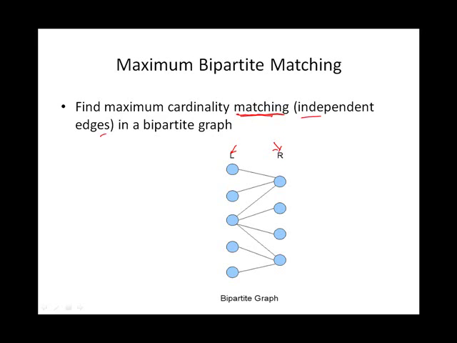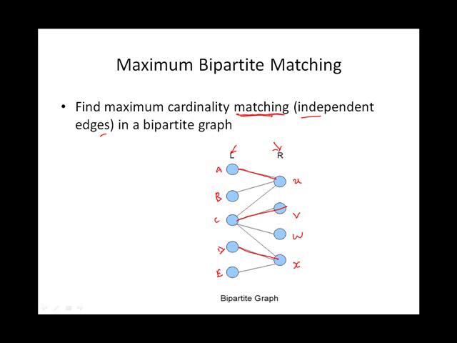So in this particular example, a matching can be, let's label the vertices, from A to U. So I am selecting the edge AU, CV and DX.